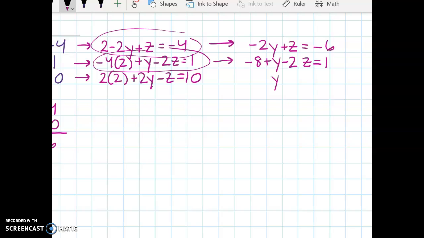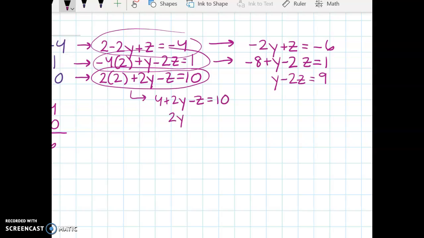Add 8, y minus 2z equals 9. And the last one is really 4 plus 2y minus z equals 10. Subtract 4, 2y minus z equals 6.